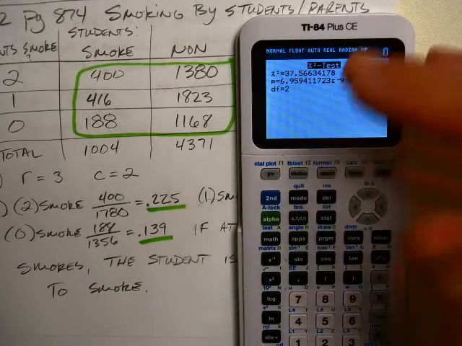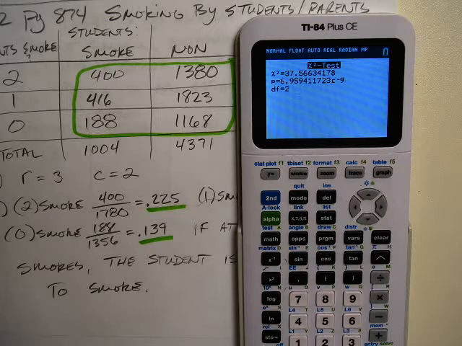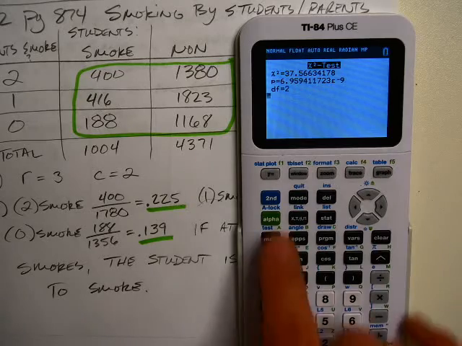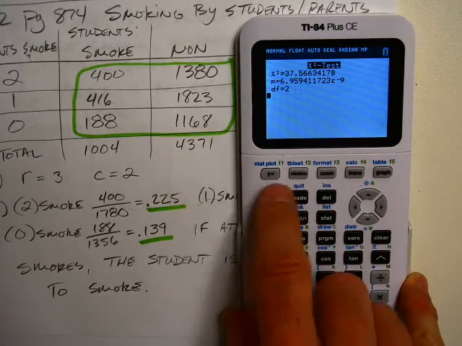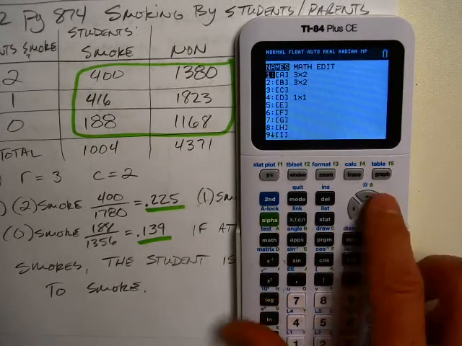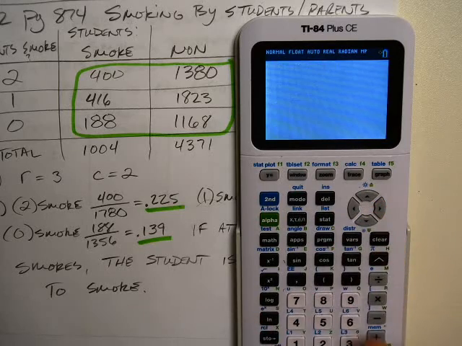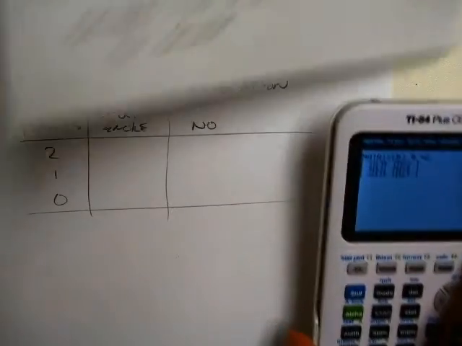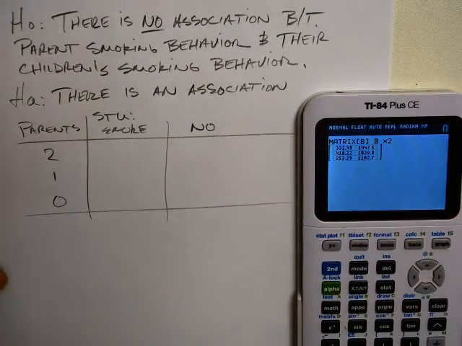And I don't really care about these numbers yet. I'll probably care about that in a minute or two. But what I want to get back to is the expected values. So where to find those now is to go look at matrix B. So I'm going to go edit matrix B, and there are my numbers. So now I'm going to go back over here and copy those in.